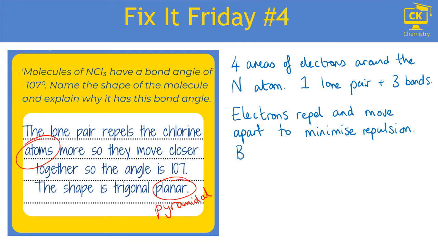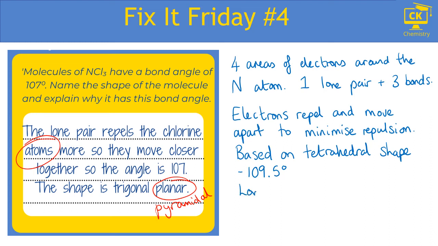So we're going to say what it's based on, because there are 4 areas of electrons. It's based on a tetrahedral shape, and that has a bond angle of 109.5 degrees. And now, and only now, have you really set yourself up to clearly talk about the reduction in the bond angle.